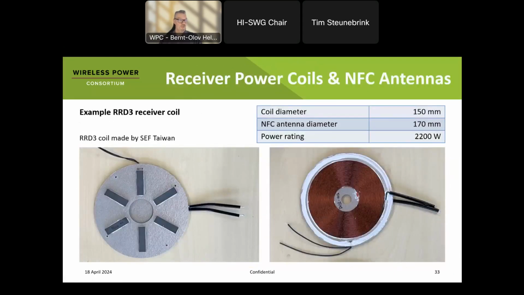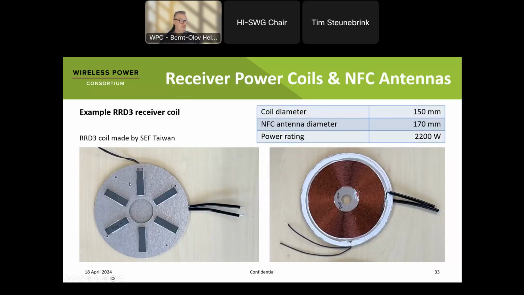A typical example of receiver power coils with NFC antennas. On the right side, we have the power coil in brown. It is about 15 centimeters, 6 inches. And on the outer peripheral ring, we have the white, which is the NFC antenna for the receiver.